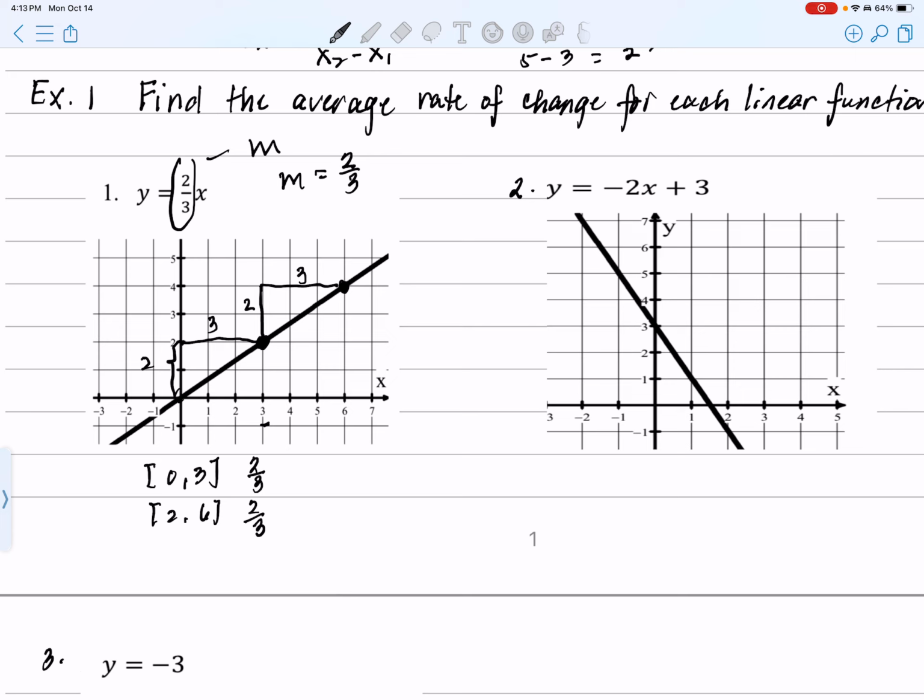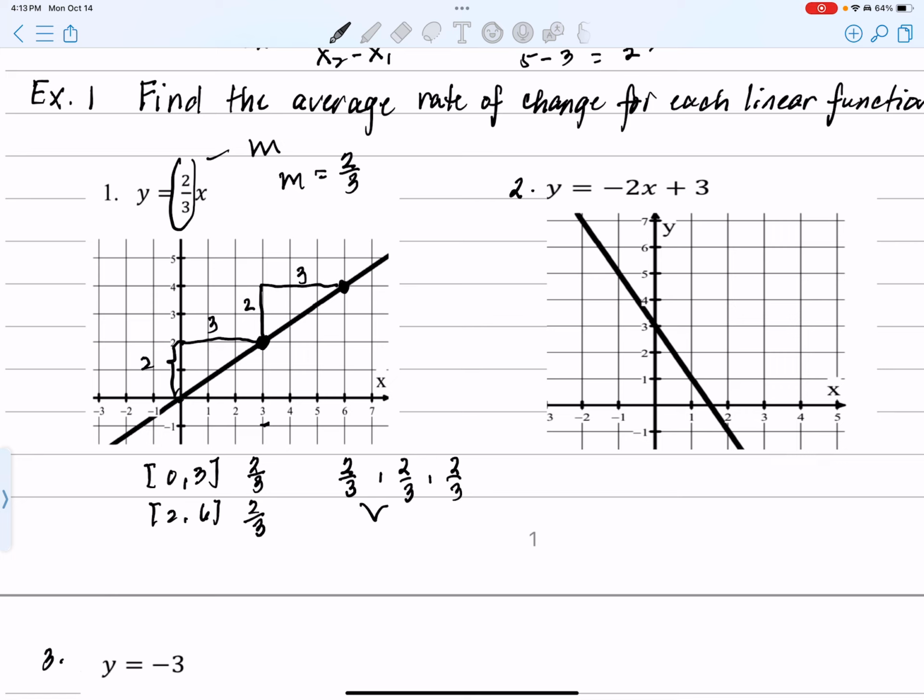Okay. Now, if we try to get the average of that rate of change, let's get the average. If ever all of this will be 2/3, that means I get the average of 2/3, then another 2/3, and we expect another 2/3.